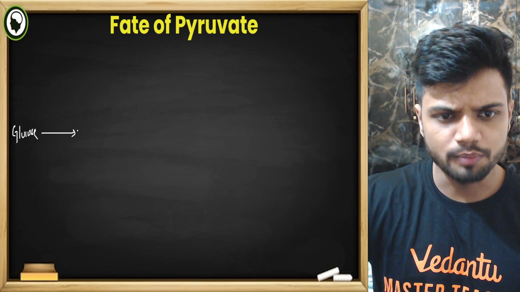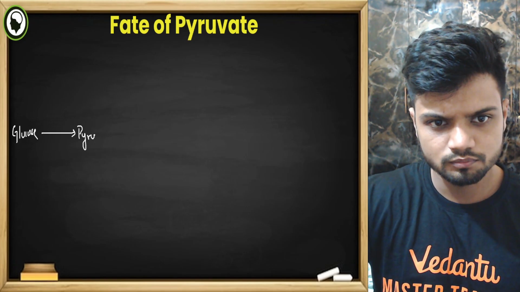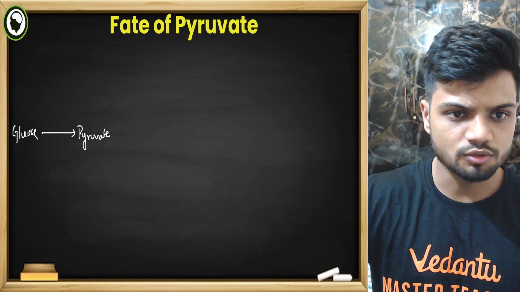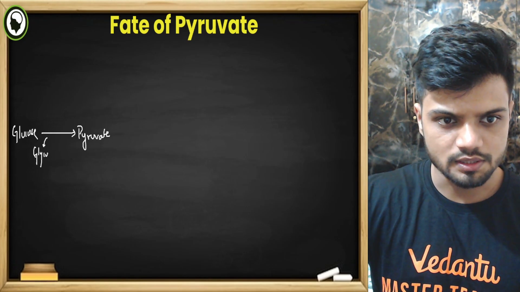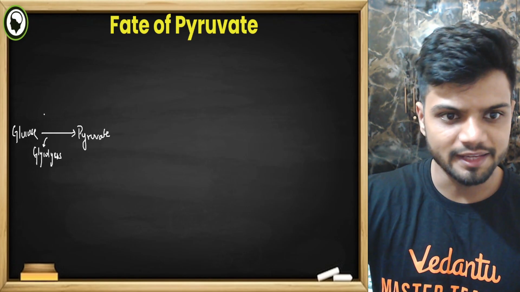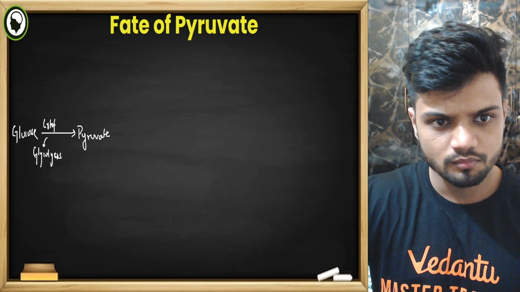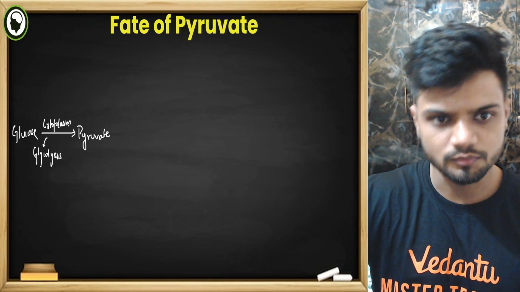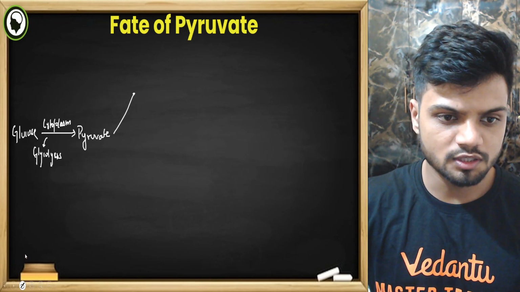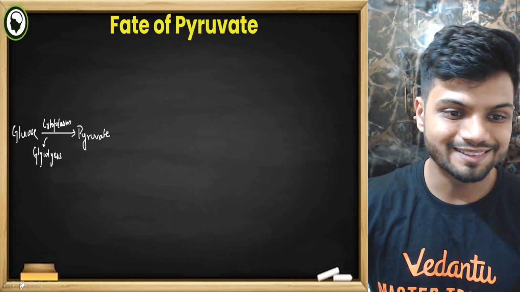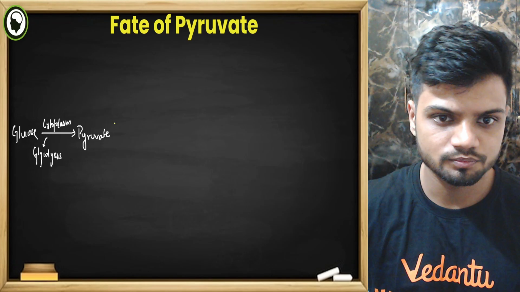Glucose is getting converted to pyruvate. This process is called glycolysis. It takes place in the cytoplasm. Now this pyruvate can undergo three different things.